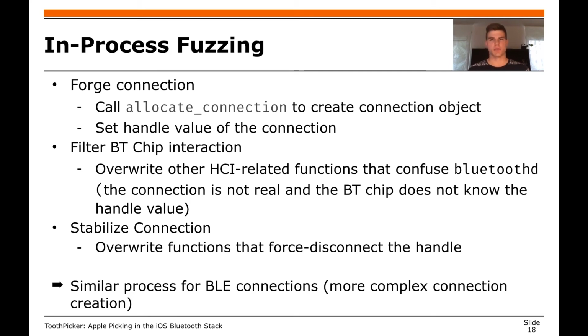If one of these components receives something from the other that it doesn't expect or that is invalid, the component might crash or restart. So it's really important that all the traffic related to this crafted connection handle does not reach the Bluetooth chip, because otherwise it might get unstable or crash. However, we need to make sure that all the other traffic between Bluetooth D and the Bluetooth chip still gets through, and the communication can work as intended.